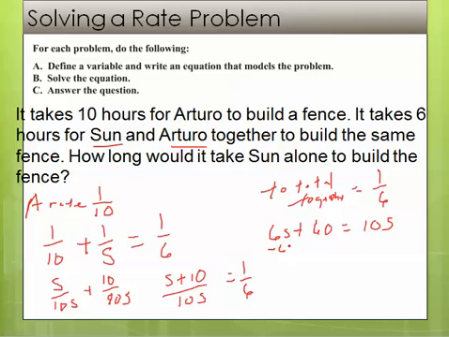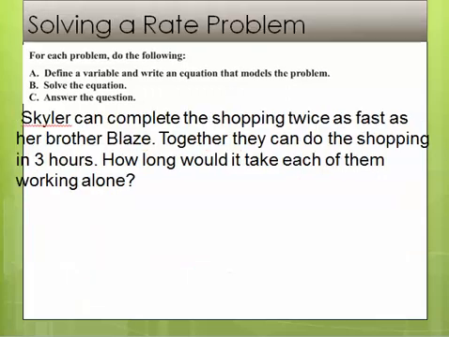Subtract the 6s. And what do I get? 60 equals 4s, or s equals 15. What does that mean? That means it takes Sun 15 hours to build the fence by himself. That wasn't that bad. Yeah, word problem. Guess what? We're going to do it every single time here.